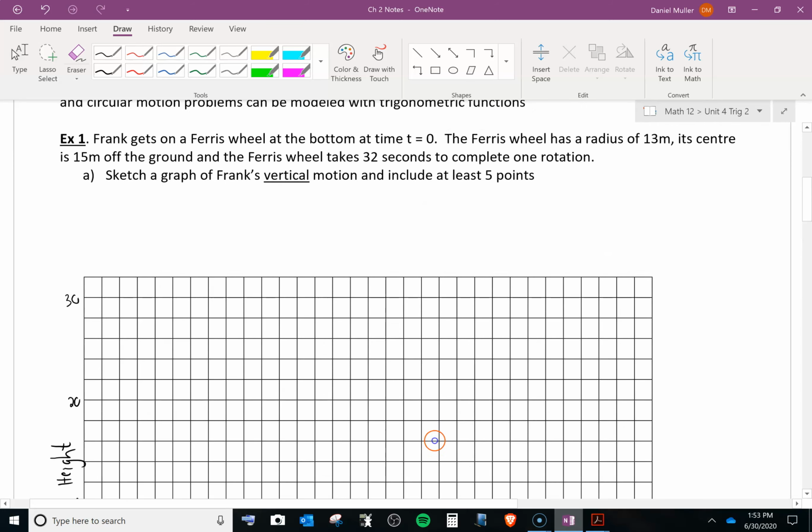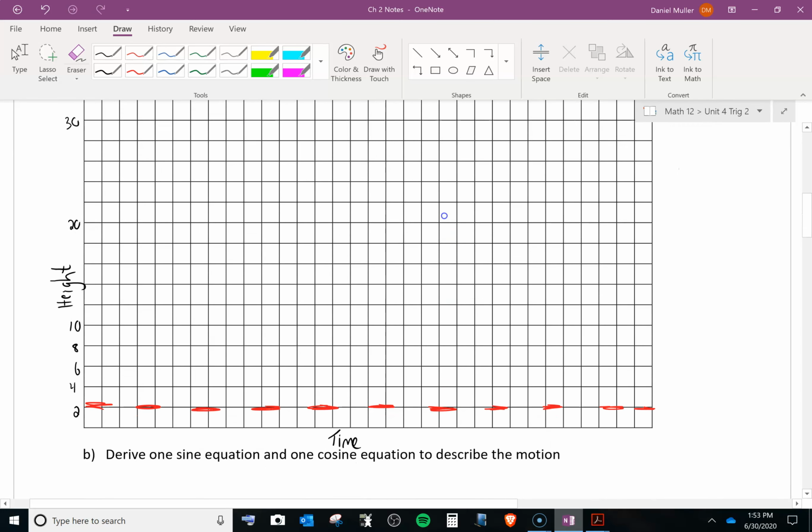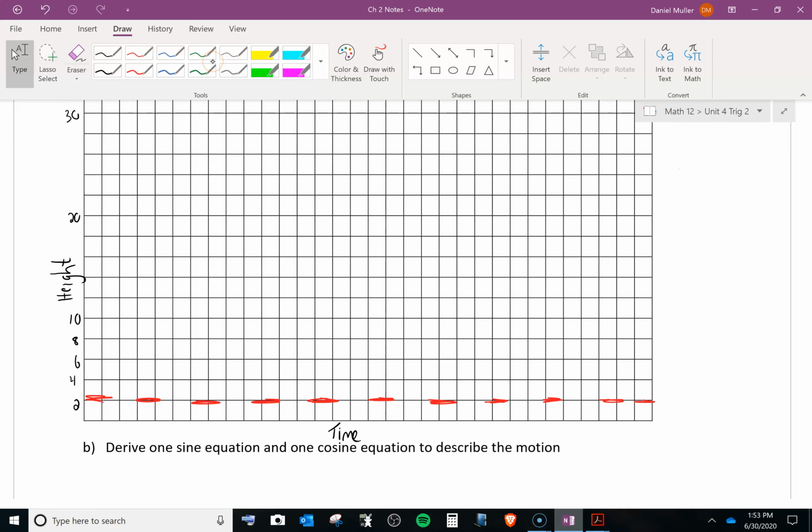2 meters. The radius of this thing is 13. So if you go up by 13, you're going to be at 15.